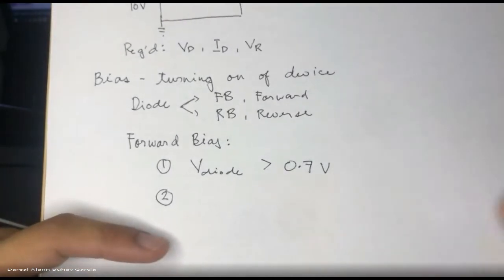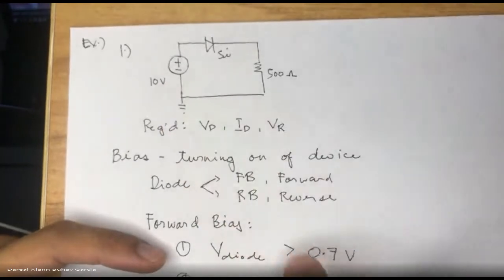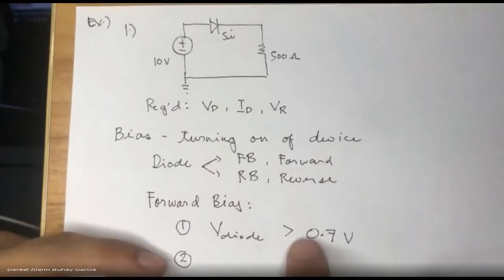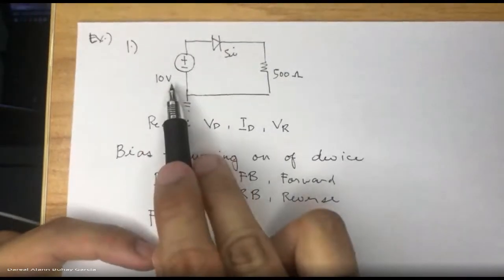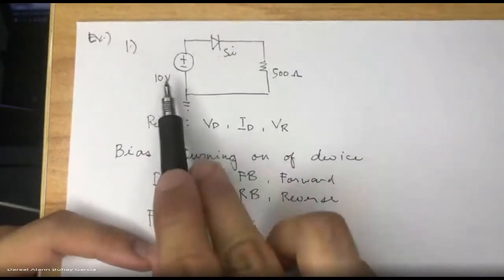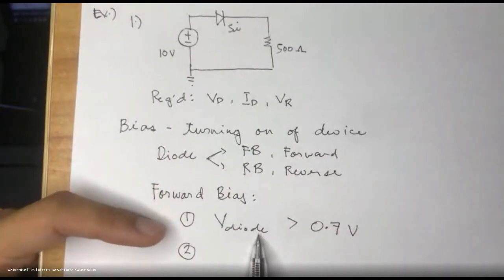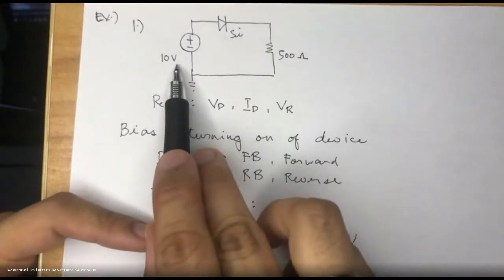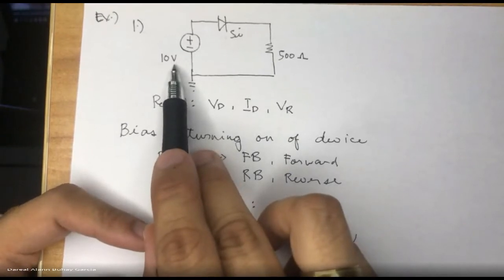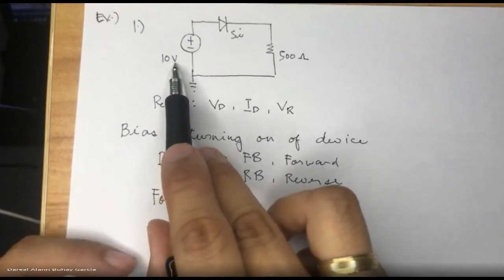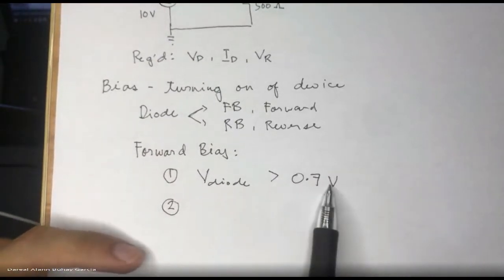So in this case, in our example, 10 volts is far away, so there's no need to worry about condition number 1. If it were 1 volt, for example, that's still greater than 0.7, so you still don't need to worry. Unless it's 0.8 or 0.7, then we would doubt whether the first condition is satisfied.